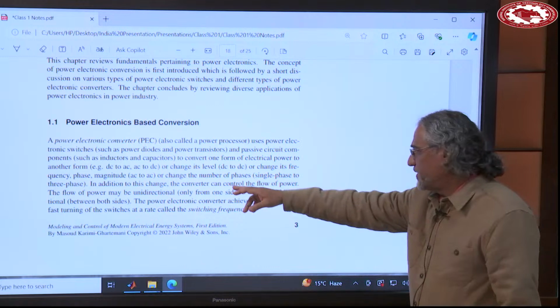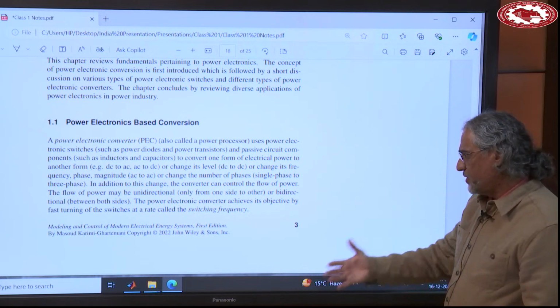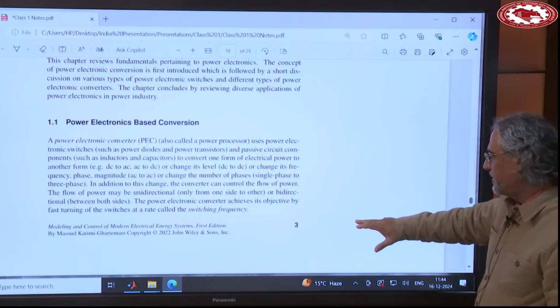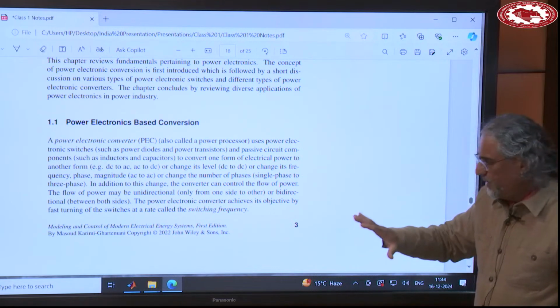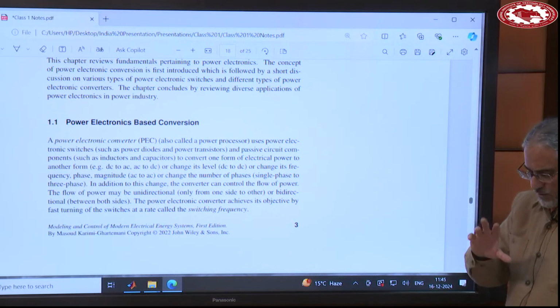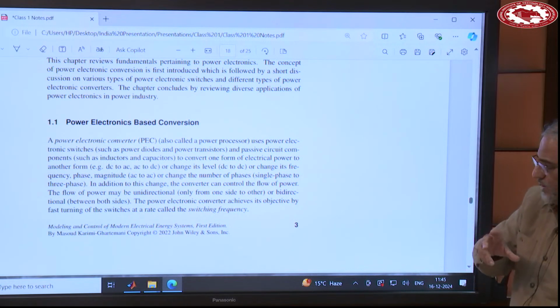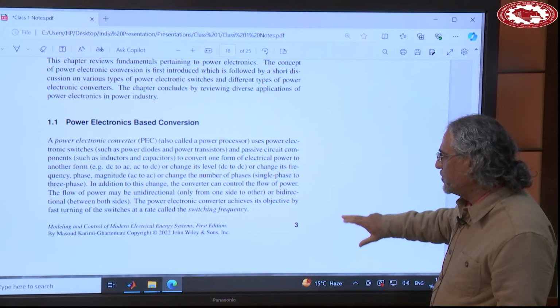And then the second aspect, I said, control of the flow of power. It can be unidirectional from one side to another side, or bidirectional. The way that a power electronic converter does this job is by fast switching, turning on and off, we call it switching, of a device. This is called a power switch.